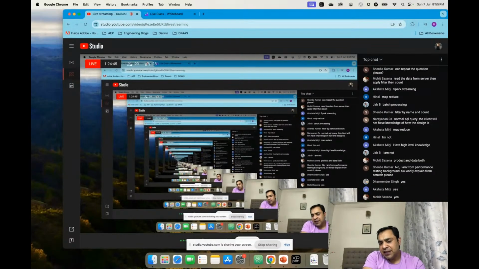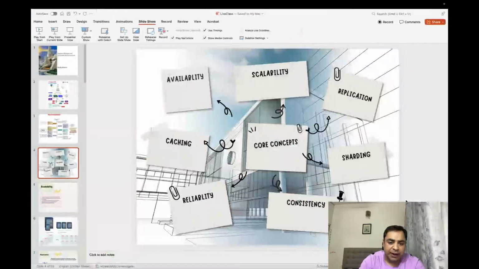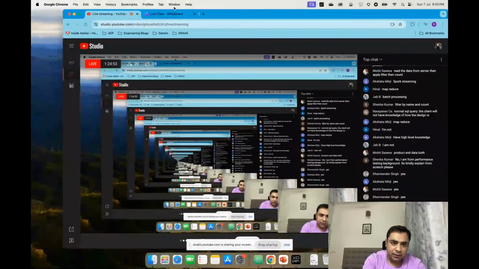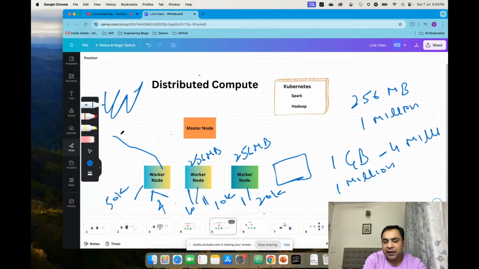No. It will not give the duplicate count. The data is replicated, but at the back end, when the client talks to this node, it will come to know that it has to use block number 1 from here, block number 2 from here, block number 3 from here, and block number 4 from here.